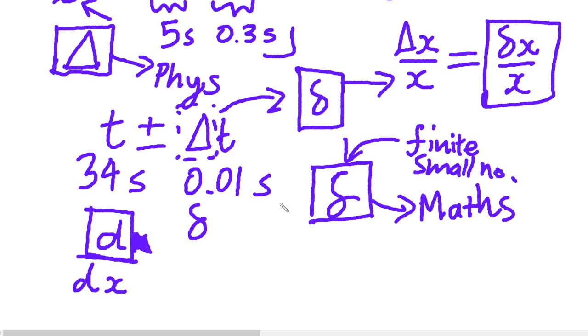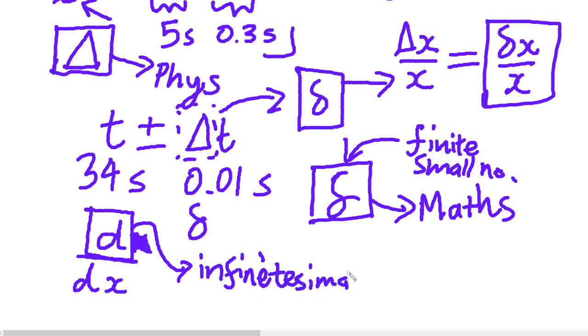But when we're dealing mathematically with these differentials and integrals and so on, we talk about taking infinitesimally small changes in y and x, like dy or dx. The smallness of these numbers is infinite. They go to 0. They are 0.